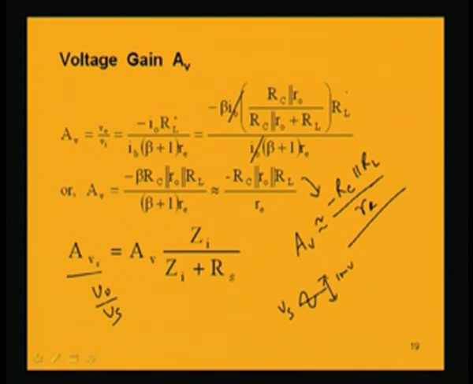AV multiplied by a fraction means ultimately a reduced value. So the overall voltage gain, when we have a series resistance in the source, is generally lesser than AV, the voltage gain that would have been possible had there been no series resistance with the source.